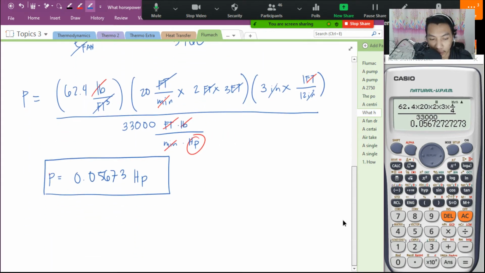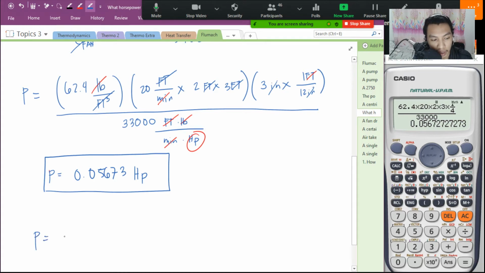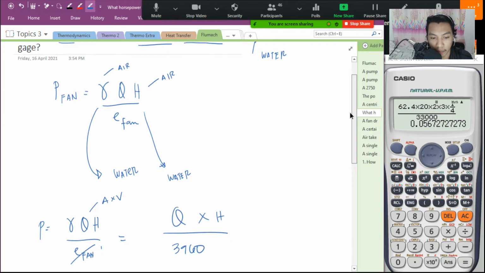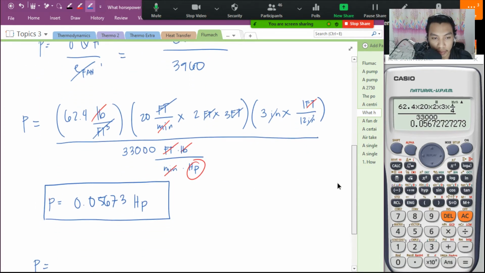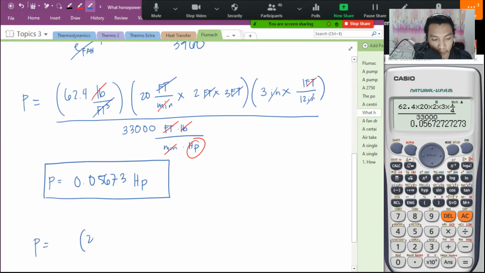Hindi ko pa kinonvert. So, the power, again, tignan natin kung magtutugma. Dapat to naka-GPM. Ay, magko-convert pa ako. Pwede naman. So, 20 times 2 times 3 cubic foot per minute. Okay, multiply na lang natin.